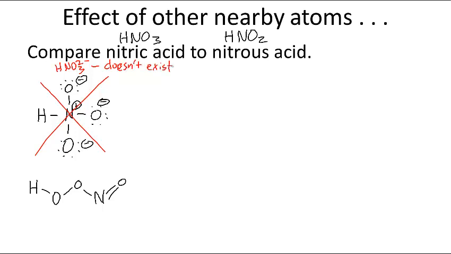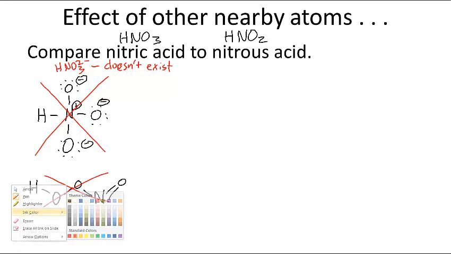This second one that I drew down here violates one of the rules that we said you try and avoid: bonding oxygen to other oxygens. Those are generally really weak bonds. So that one doesn't work.